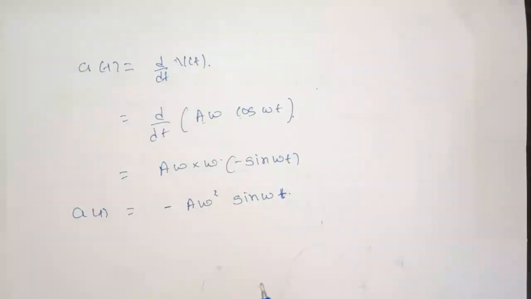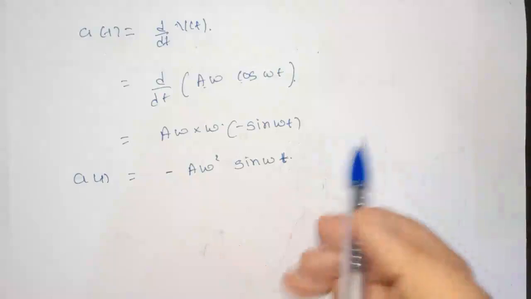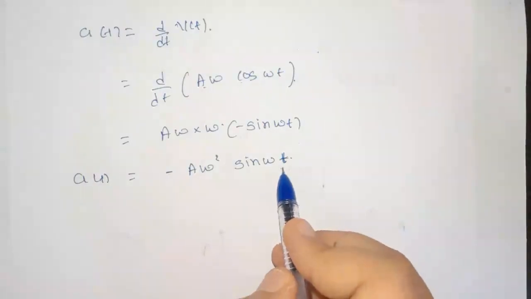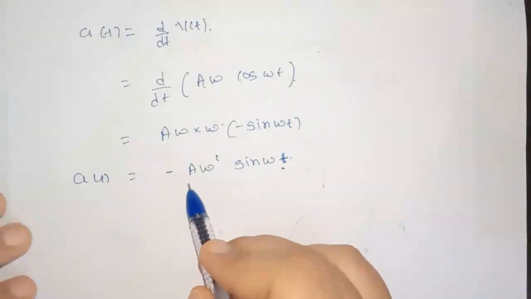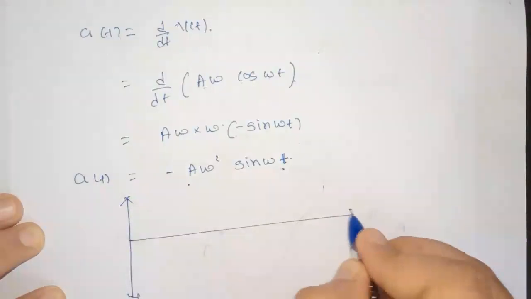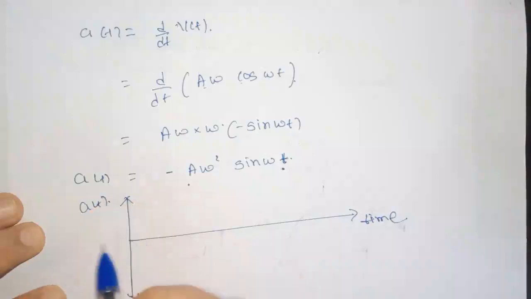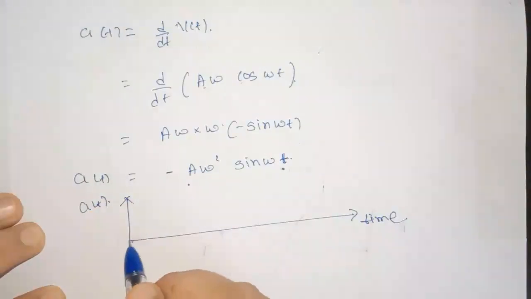Here again this is the acceleration function and it is a sine function, but at t equals 0, it will start from 0, and at t equals pi by 2, it will have negative value. So if we draw the graph for acceleration versus time, then the graph will start from 0 and go negative.